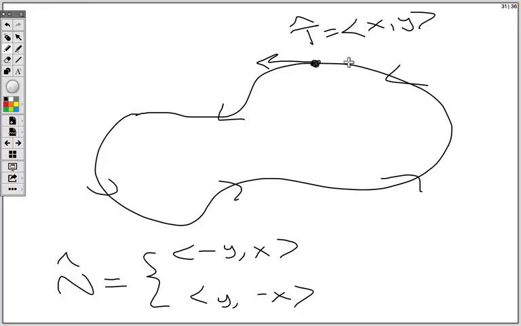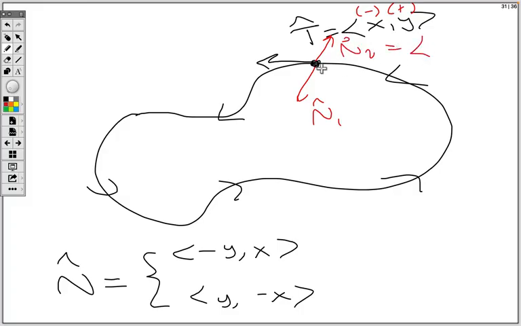If I think about t hat in this particular scenario, the x would be negative, but the y would be positive. So let's look at N1, N2.